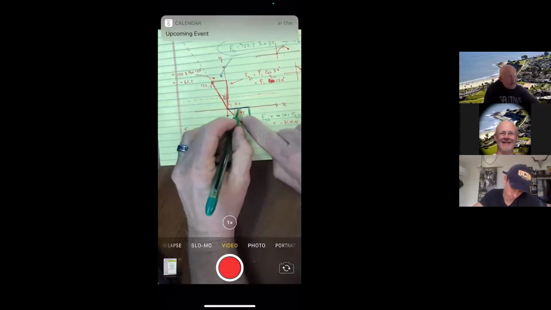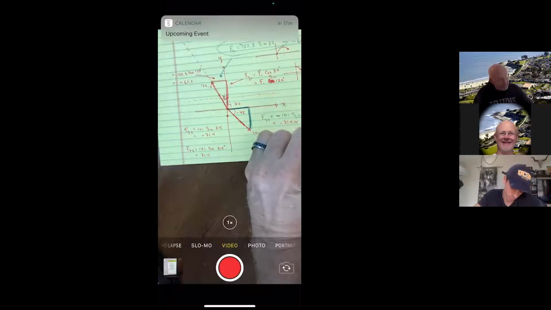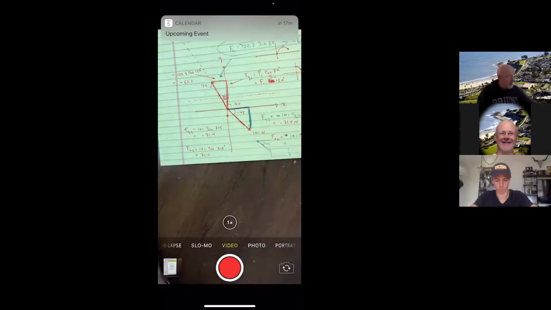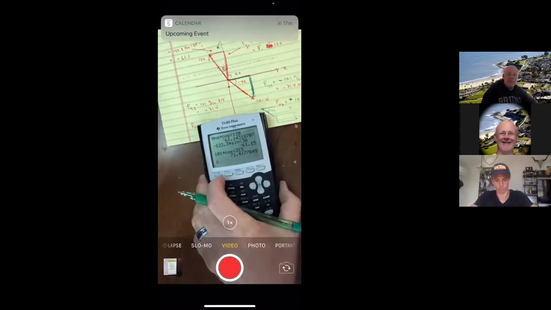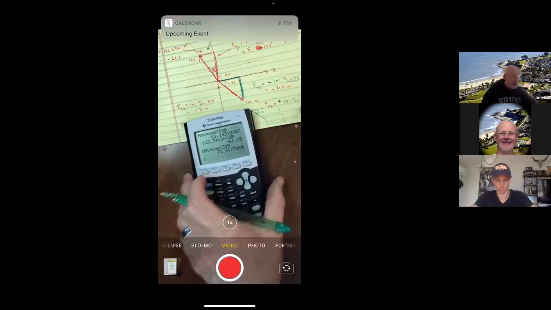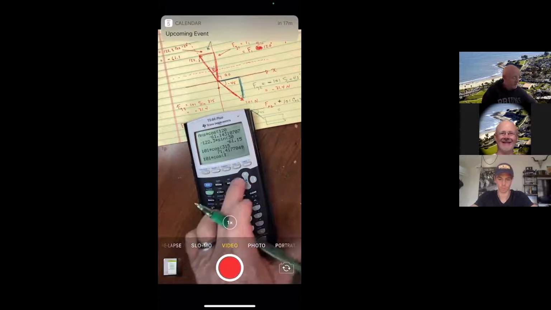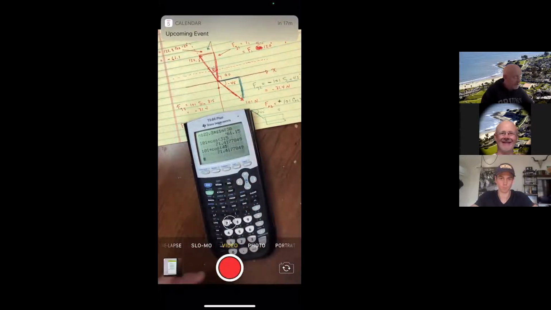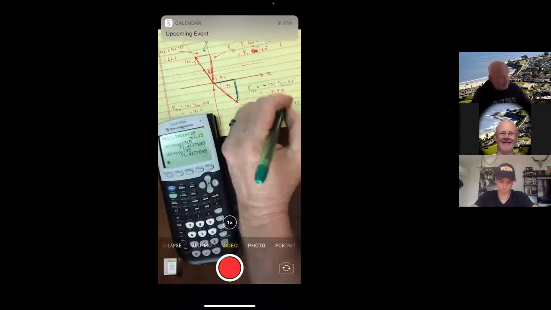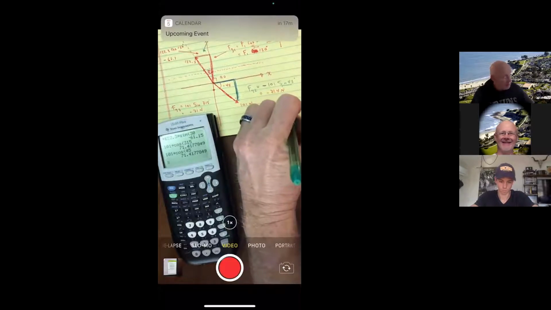And then I want the side adjacent to 45, so cosine of 45. And I claim that number is the same as we got using absolute angles. So 101 times cosine of 45 comes out to be a positive 71.4.